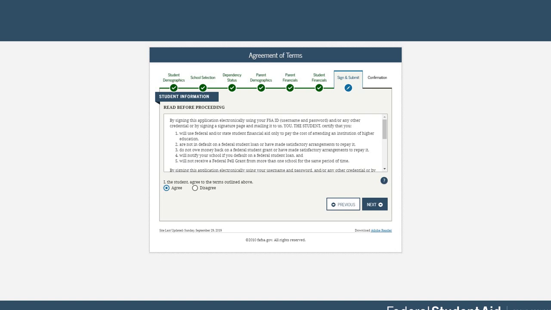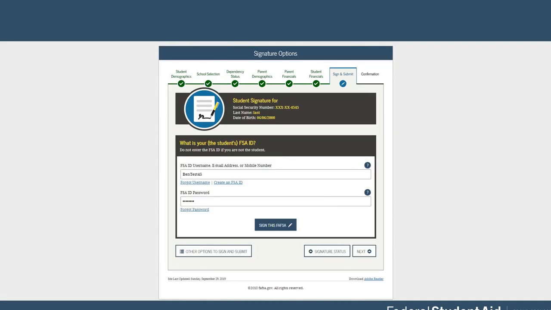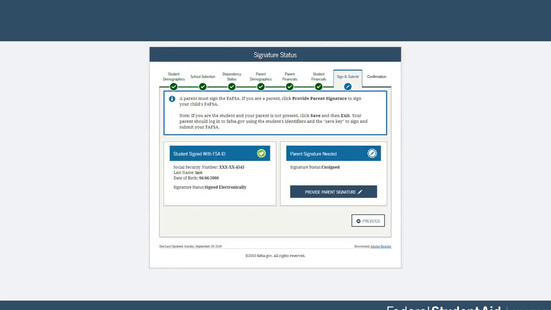What you're going to do is, first of all, answer some questions. These are terms and conditions. You'll want to take a look at those and make sure that you agree to those. And then we move on to the signature. The way you electronically sign here is to enter your FSA ID and FSA password, and then you click the sign button, and then you move over to the parent side.